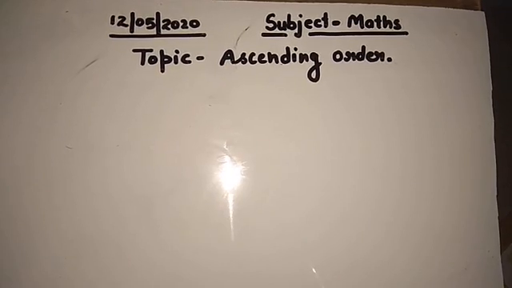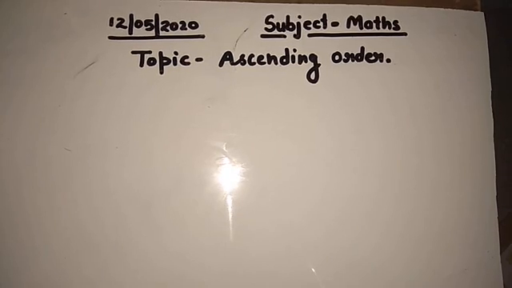Today I am going to start one new topic, and our topic name is ascending order. In this topic we are going to learn how we arrange numbers in ascending order. First of all, what is ascending order?